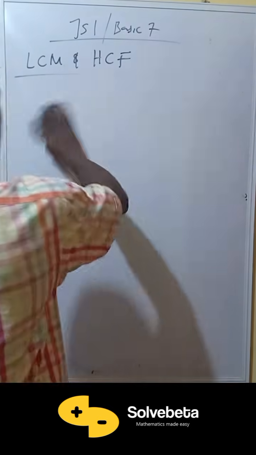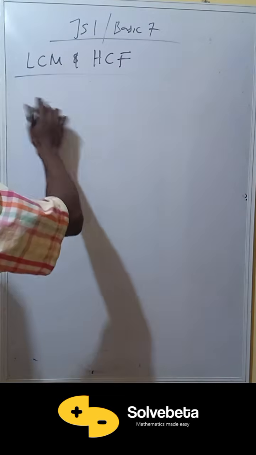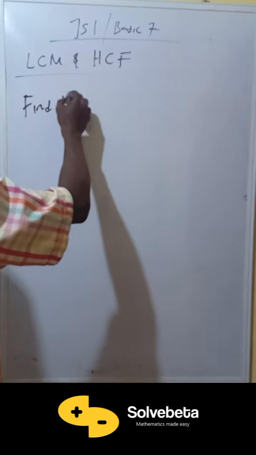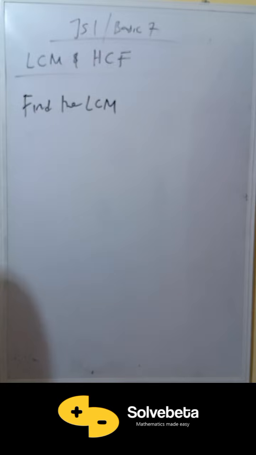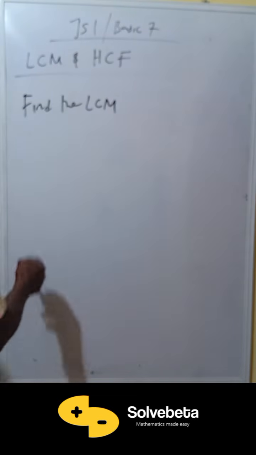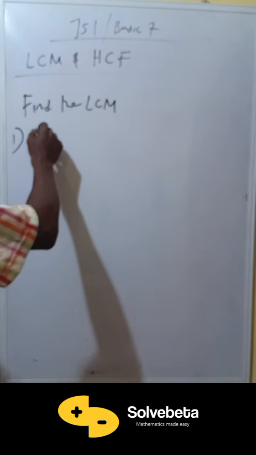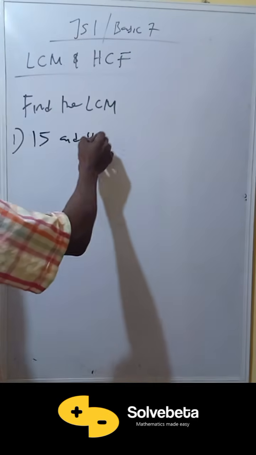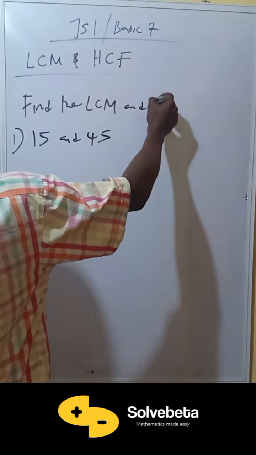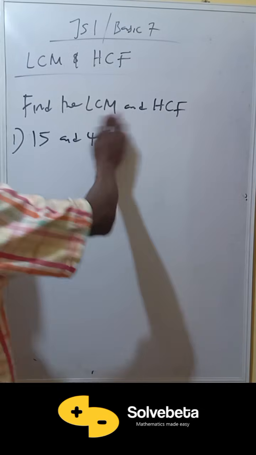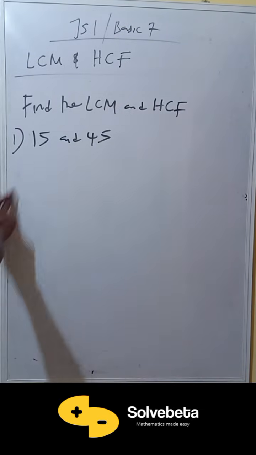So now find the LCM of this one. Let me find the LCM and HCF or both. So what does it mean? You find the LCM of number 1 and find the HCF of number 1 too.